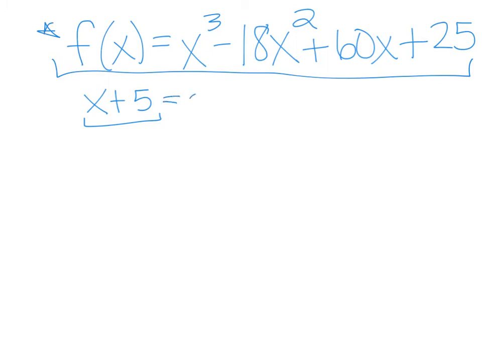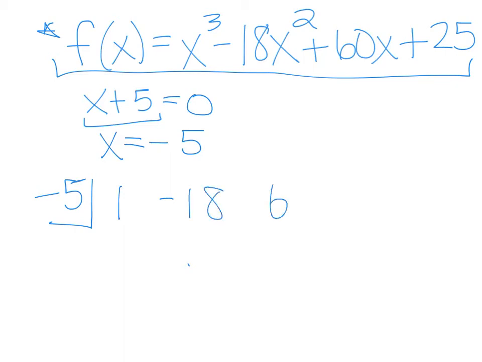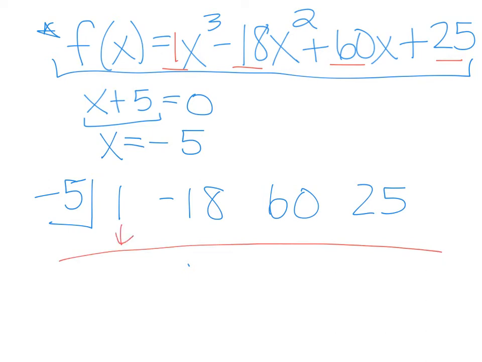If I set my divisor equal to 0, that gives me x equals negative 5. If I use negative 5 as my divisor, my coefficients are 1, negative 18, 60, and 25. Again, those are my coefficients from each term in my polynomial function. If I carry out synthetic division, I carry down the 1.